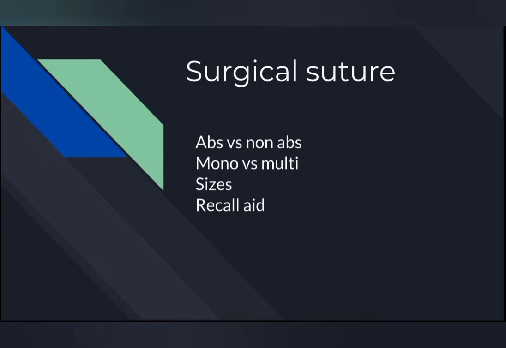But there is a downside to this. And what is the downside? In monofilament, since it's just one thread, it's very fine and there's not really a lot of space for bacterial accumulation. There's no area for the bacteria to really grip onto. That is less likely to be an area of proliferation for pathogenic organisms.